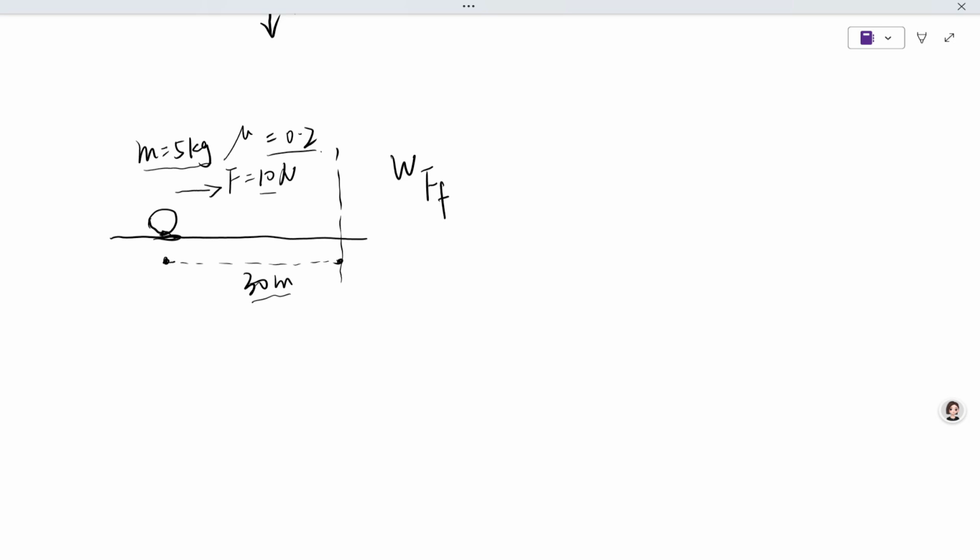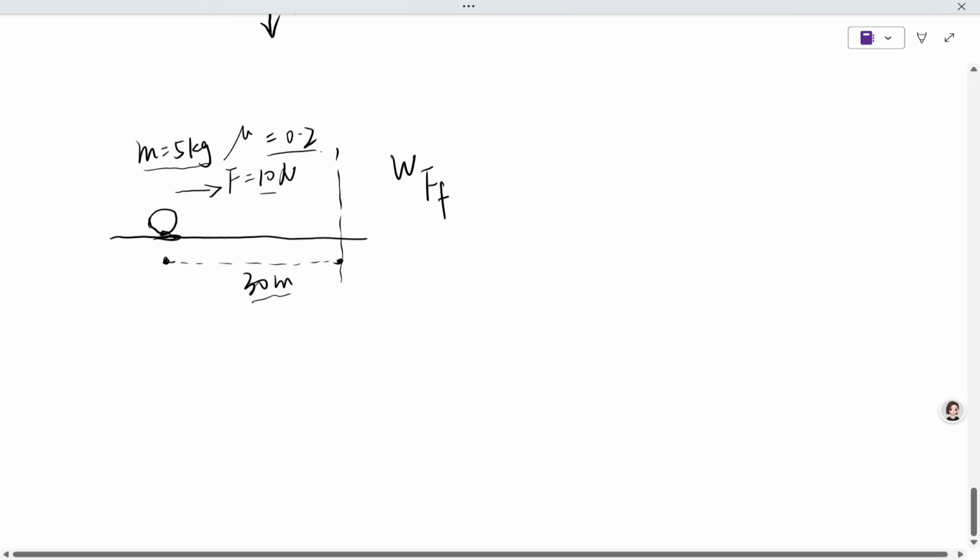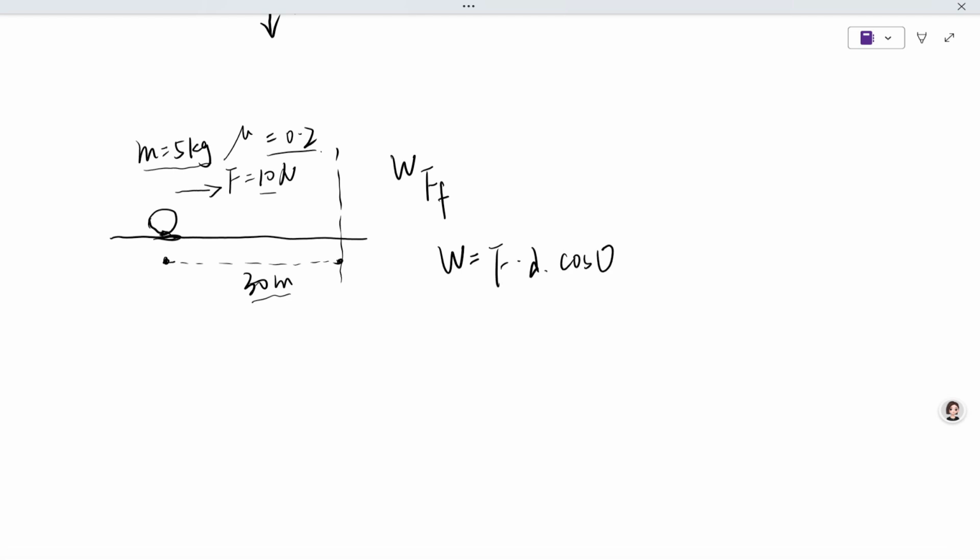Well, let's see. First of all, let's write down the formula for work, obviously. Work is equal to F times D times cosine theta. What is F? The F is a friction force which is pointing that way. It is the opposite direction of the direction of motion, because the direction of motion is going forward, right?